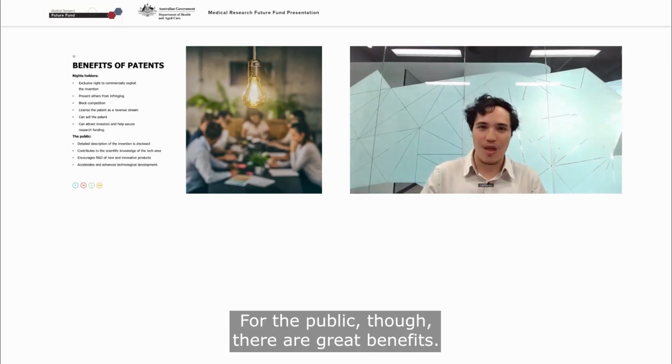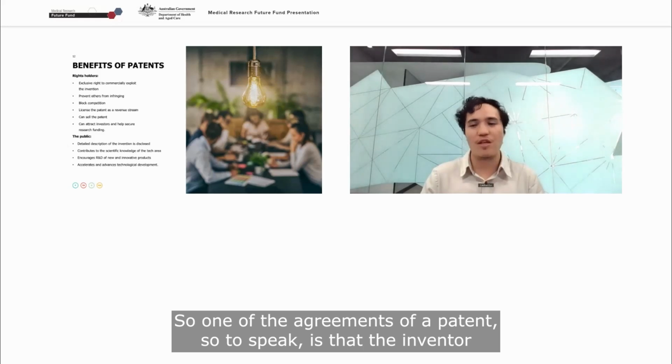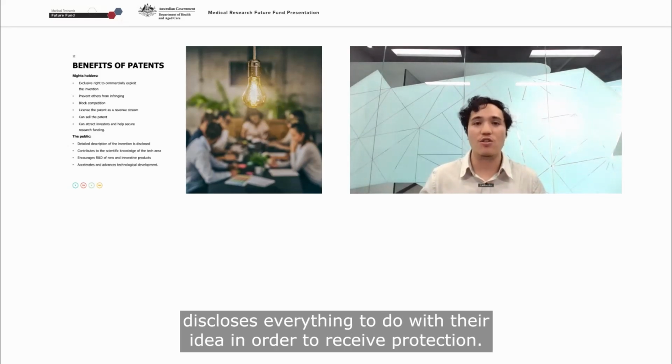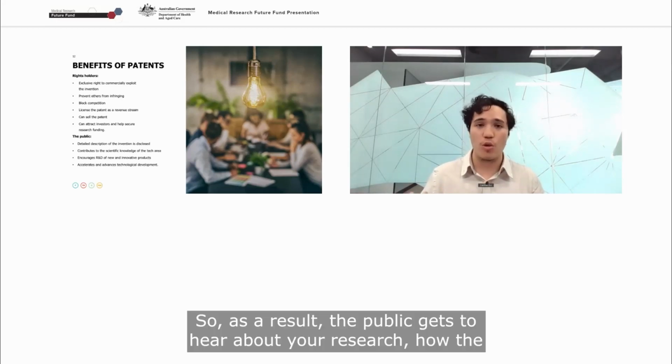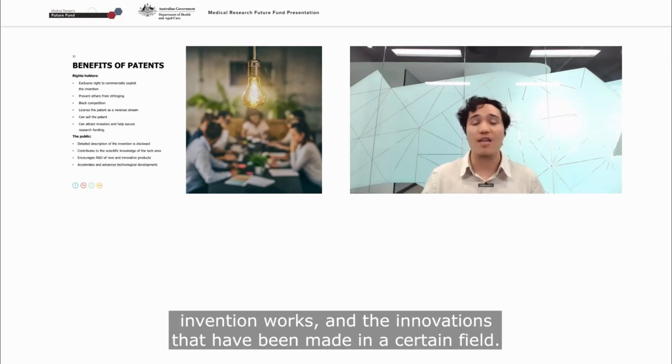For the public, though, there are great benefits. One of the agreements of a patent, so to speak, is that the inventor discloses everything to do with their idea in order to receive protection. So as a result, the public gets to hear about your research, how the invention works, and the innovations that have been made in a certain field.